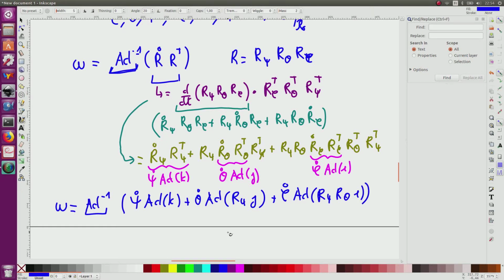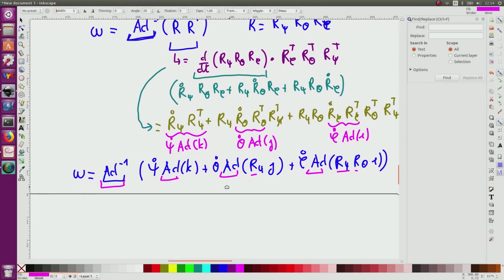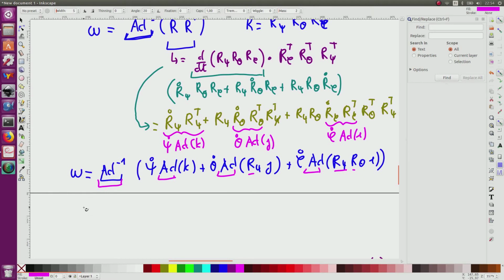So now, of course, I have adjoint minus 1, which will simplify with the adjoint. And I know the expression for these matrices. So I can get that it is equal to psi dot k plus theta dot R psi j plus phi dot R psi R theta i.